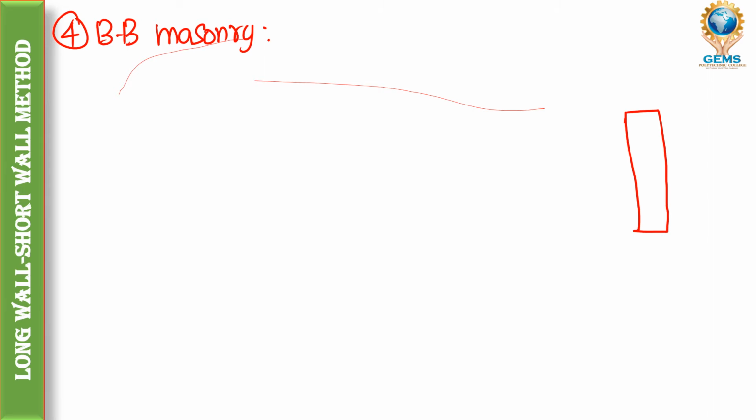So you can see in the previous diagram, the total height of brick masonry will be of 3.2. Then the breadth, it is of 0.3. Okay, so this is brick masonry.